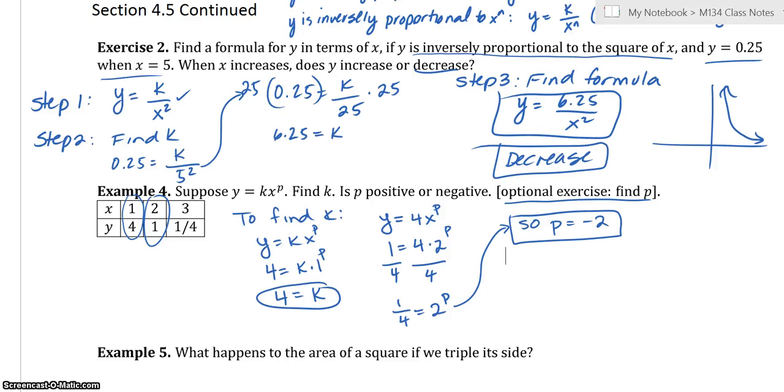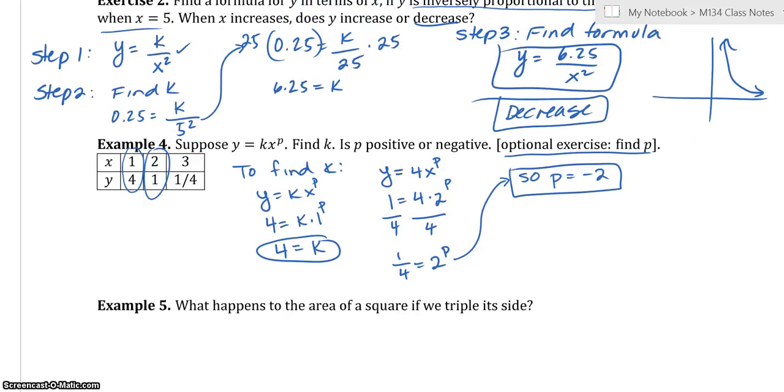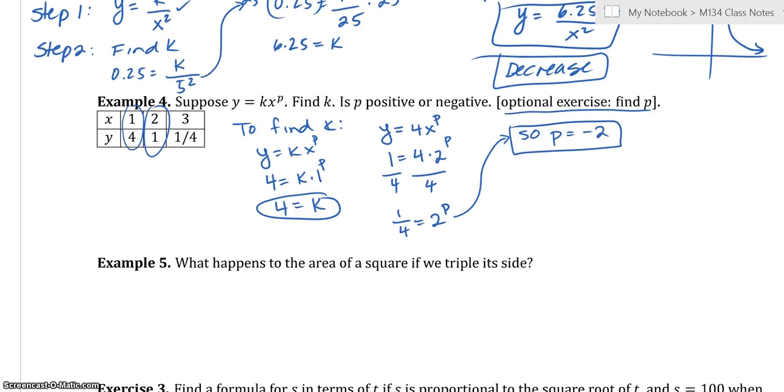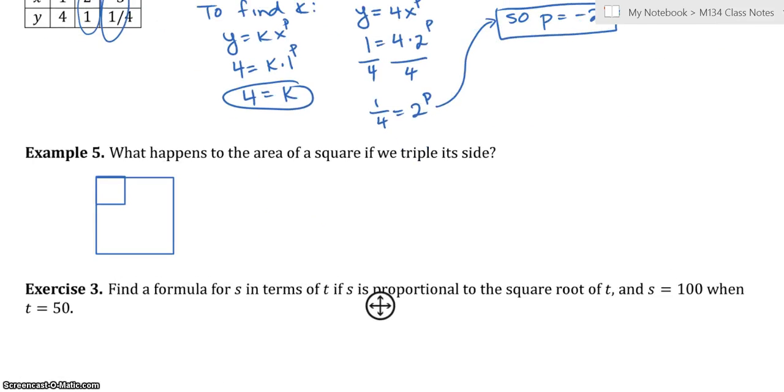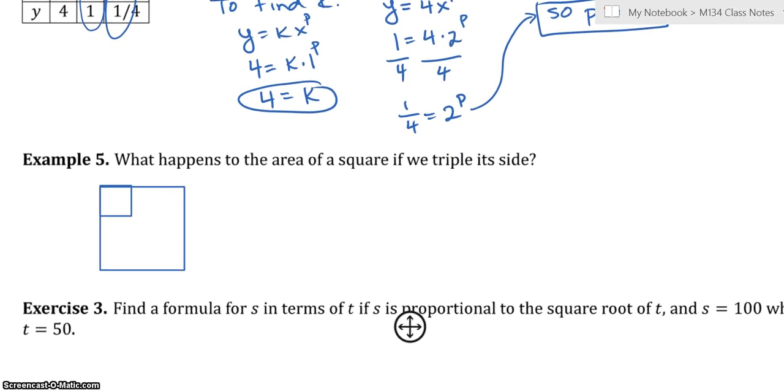Example 5. What happens to the area of a square if we triple its size? So let's look at that one. So I drew a little rectangle here. Let's call this x. And let's call this x because it's a square. And I'm going to triple it.